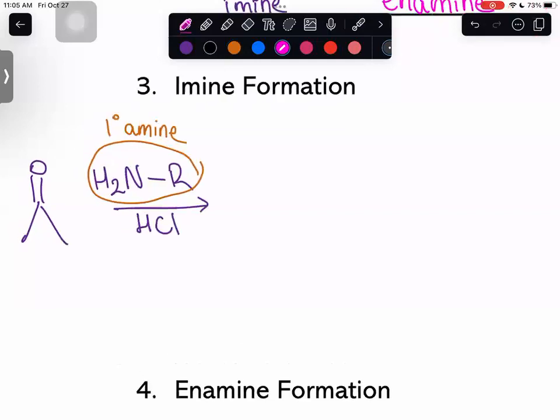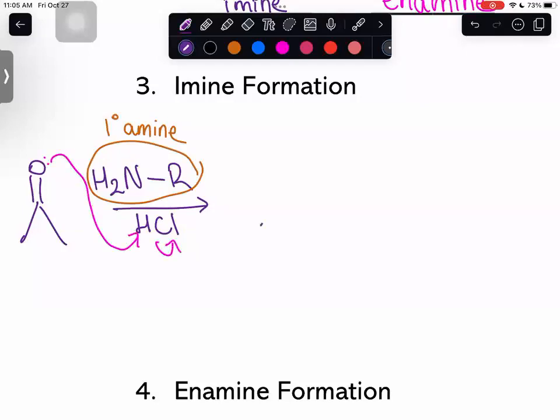So if we have an acid catalyst, what's going to be the very first step? Exactly. It's going to get that hydrogen.